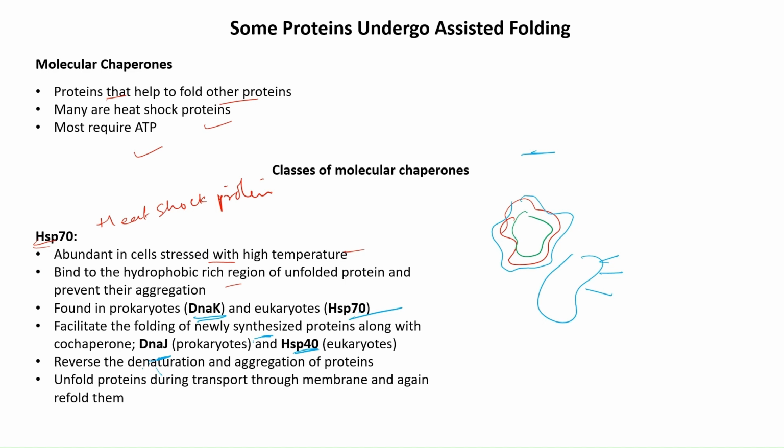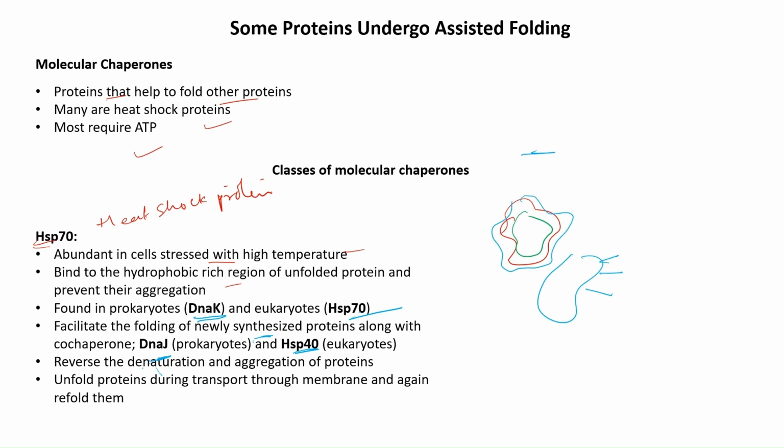So HSP70 is the main chaperone that helps in folding with the help of HSP40. Similarly, in prokaryotes, the main protein is DnaK, which takes the help of DnaJ.